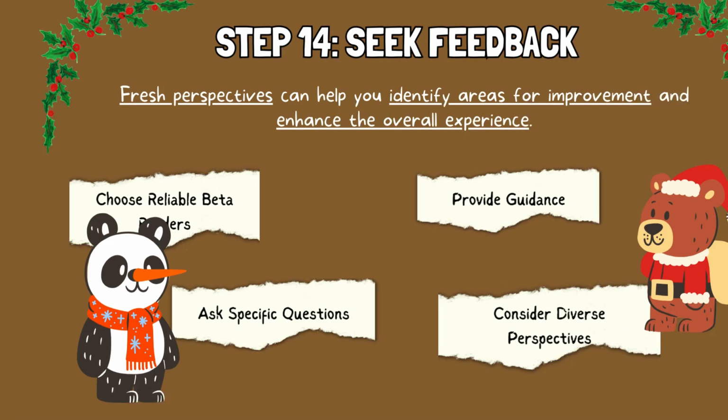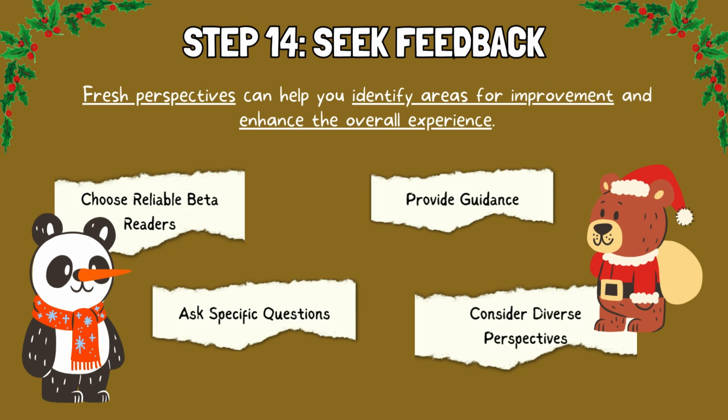Step 14. Seek feedback. By sharing your work with beta readers, friends, or writing peers, you gain valuable insights that can help you identify strengths and areas for improvement. The key here is to obtain honest feedback from a diverse group of readers. When looking for feedback, you may want to give out questionnaires to guide your beta readers.